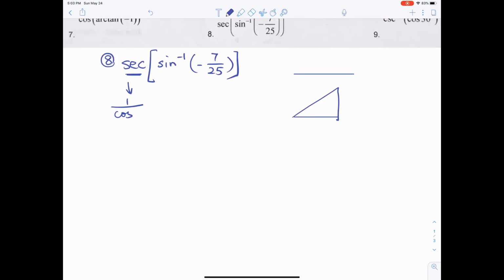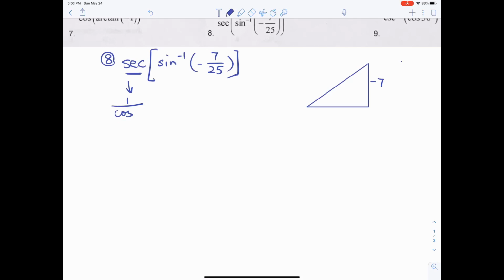Let me think about it a little bit. Think with me. So sine is the y value, right? So this is -7. I should draw my picture like this.